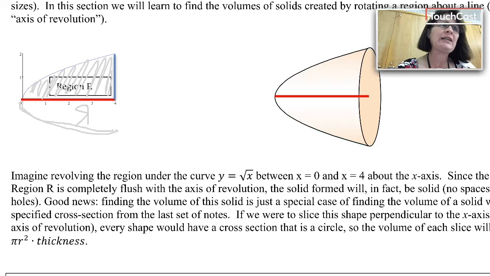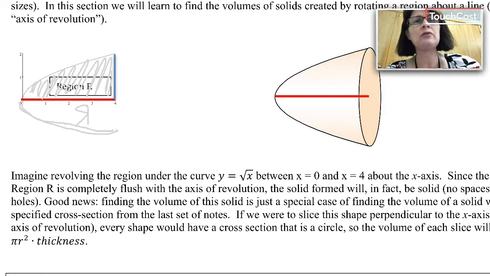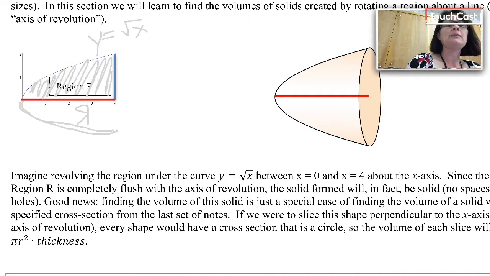That's the shaded brown picture on the right-hand side. So now that I have my original region in, if it's helpful, I know this is y equals square root of x, and I know that goes from 0 to 4 along the x-axis.